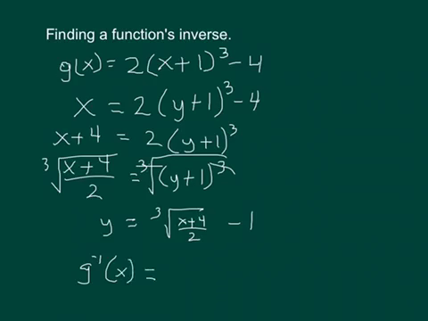Otherwise it would just be a relation rather than a function. So ultimately we have g inverse equals this cube root and then that minus 1. So that's it in a nutshell. Swap x and y, solve for y, change the function notation.